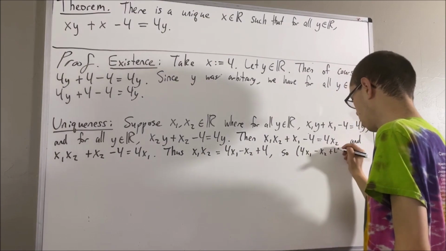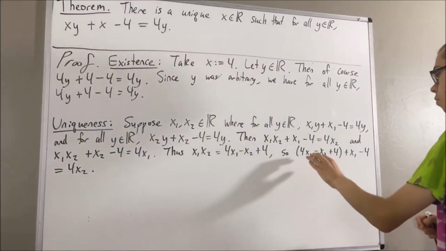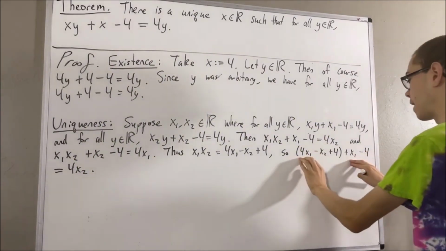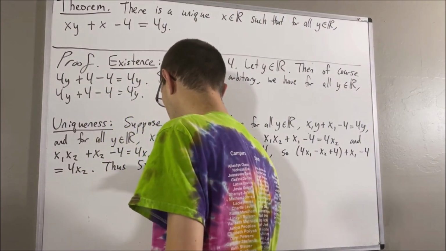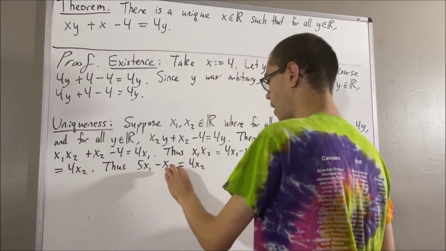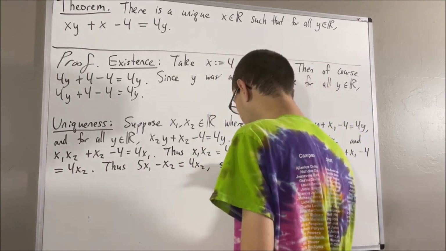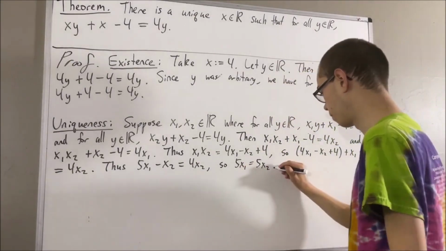And now, notice the left-hand side really just simplifies down to 5x1 minus x2. And the right-hand side is still 4x2. And then, adding x2 to the other side, we get 5x1 equals 5x2. And then dividing by 5 on both sides, we get x1 equals x2.